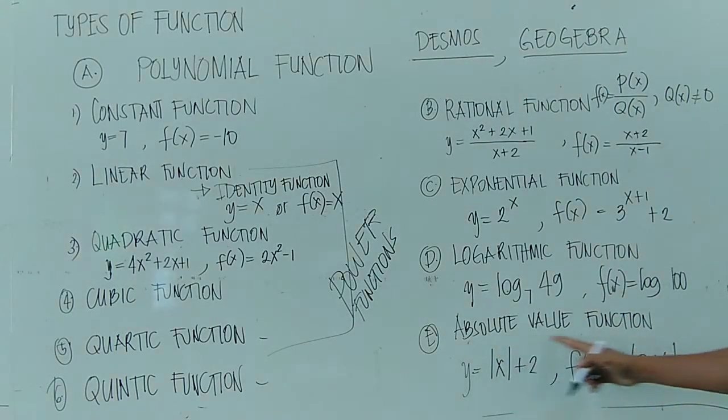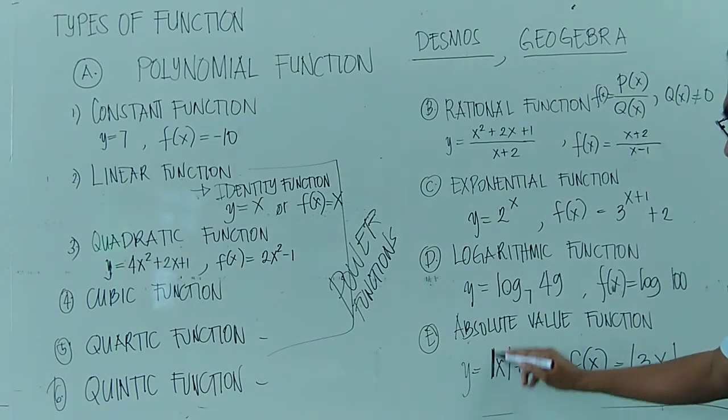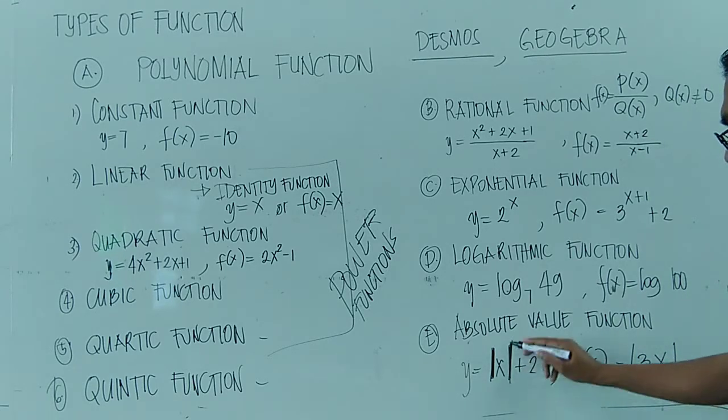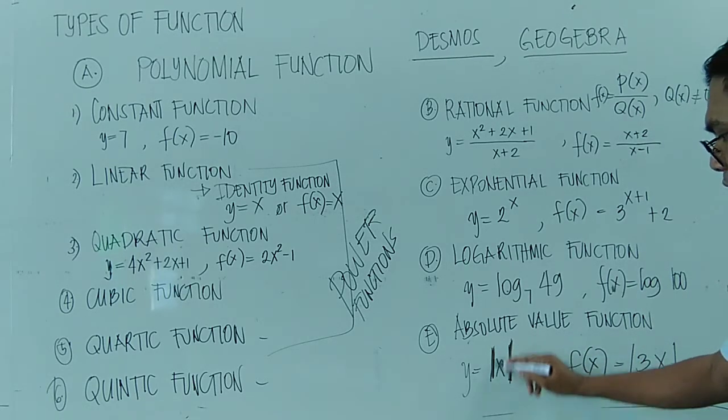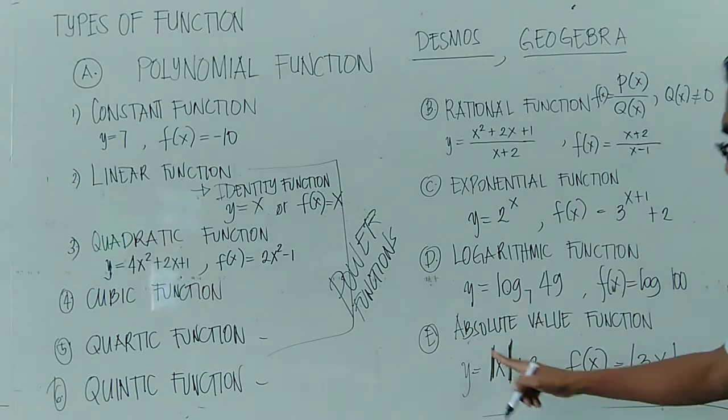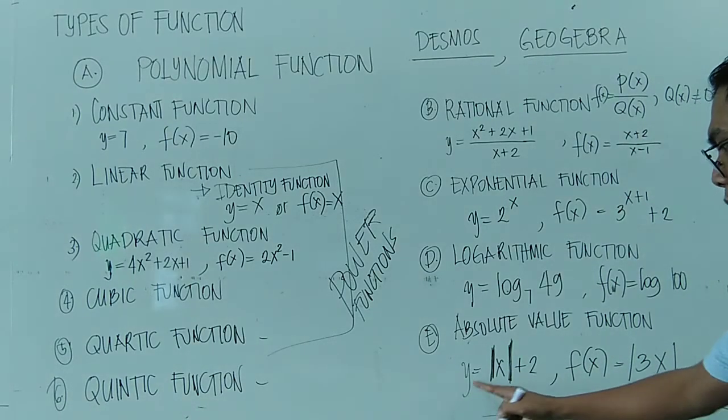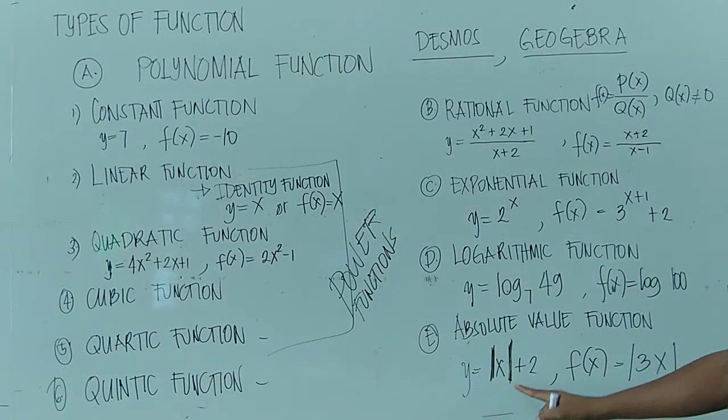Okay? Then last, we have the absolute value function. Manunigit siya. Kaya ang distinct ng characteristics ng ating absolute value function, ang absolute value na symbol. So we have y equals to the absolute value of x plus 2. Another example, we have f of x equals to the absolute value of 3x.